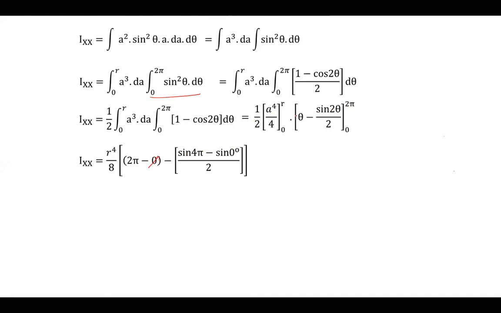Next, minus, you will have 2 pi minus 0 for the first term, and sin 4 pi minus sin 0 for the second, so that will be the value.